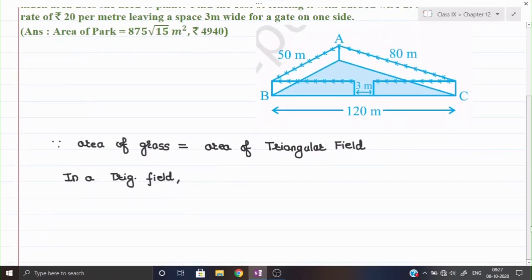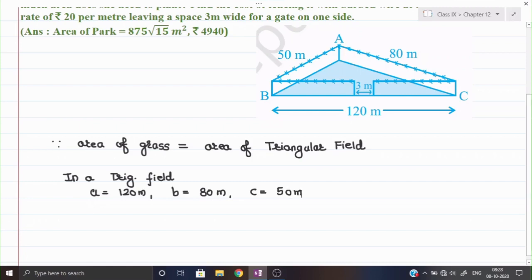So we can say that in the triangular field the value of A is equal to 120 meter, the value of B is equal to 80 meter, and C will be equal to 50 meter.